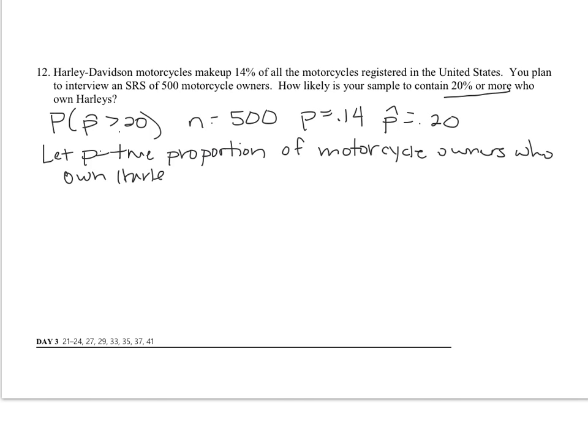So always make sure to identify your variable first. We identify P, and then what P hat is comes from that, because it's inferred that the graders know what's going on.